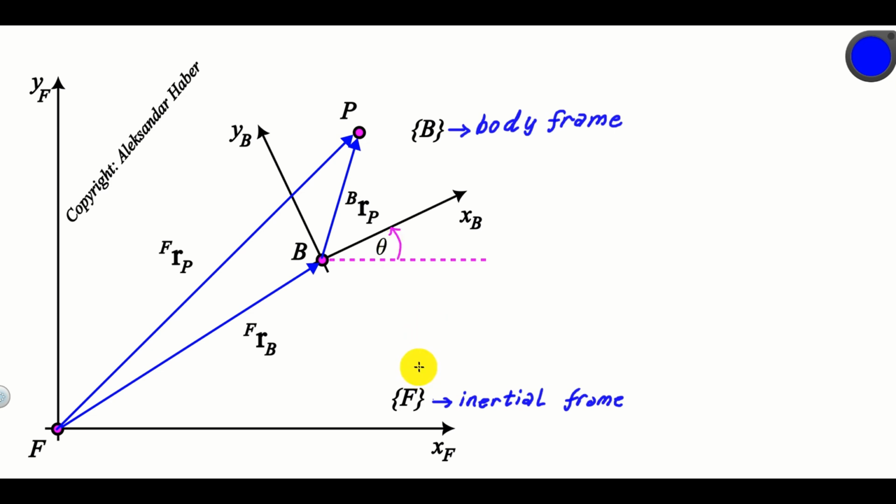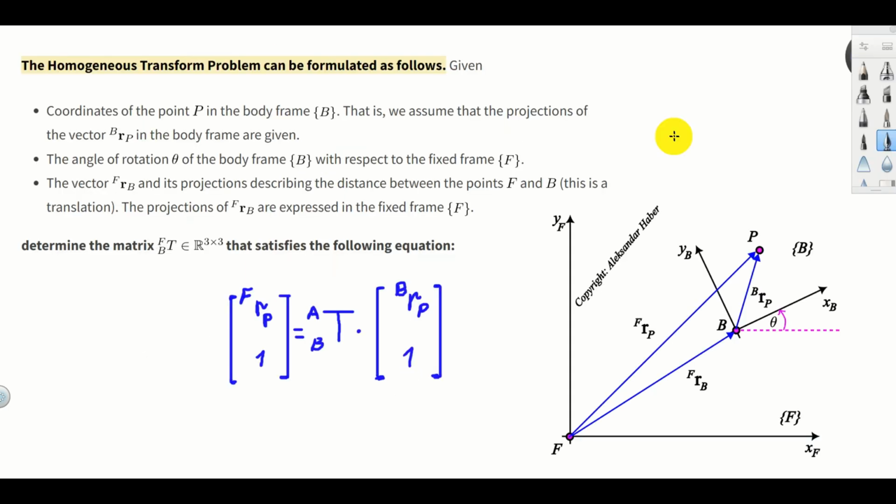Let's now formulate the homogeneous transform problem. Here's the homogeneous transform problem formulation. First of all, we assume that the following quantities are given. We assume that the coordinates of the point P in the body frame B are given. That is, we assume that the projections of the vector RPB in the body frame are given.